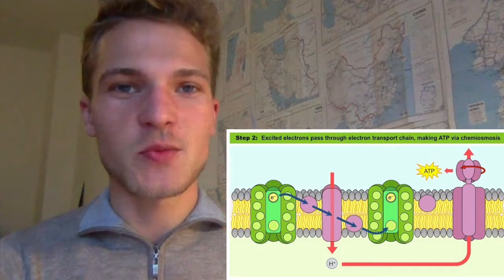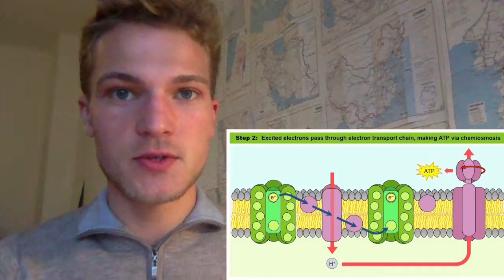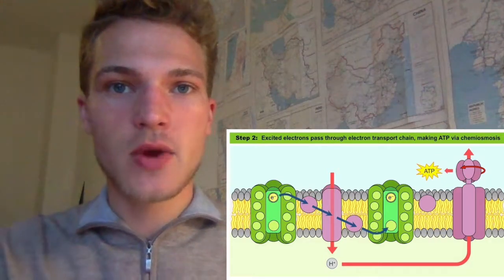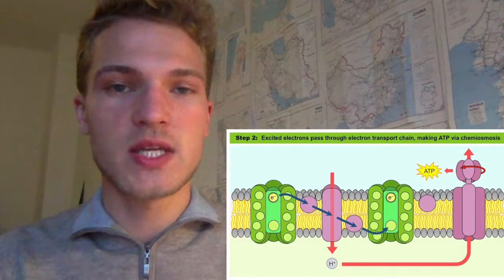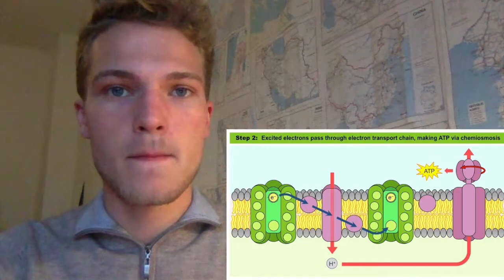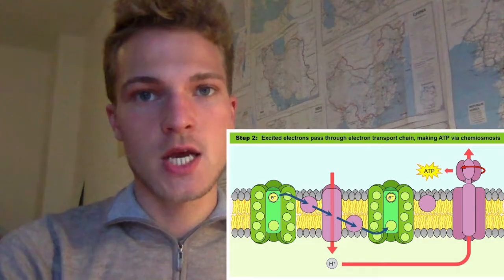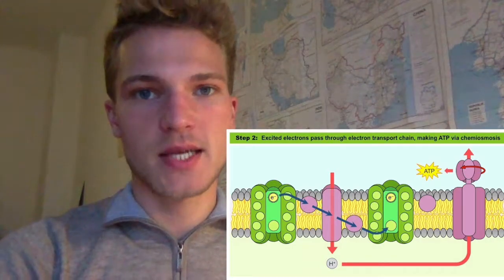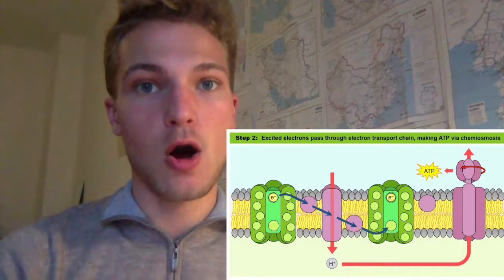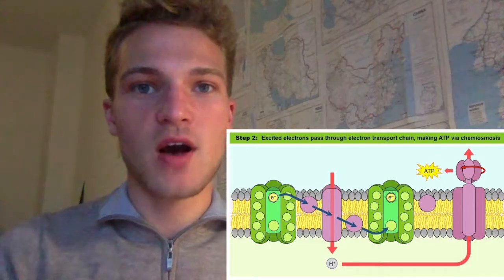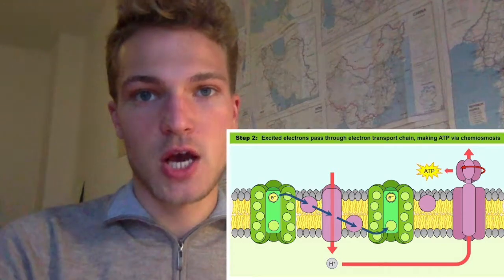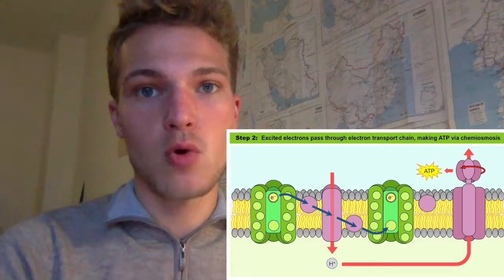What that means is we're taking H+ ions, so protons, hydrogen ions, and we're translocating them, that's active transport, so we need the energy from that high energy electron. We're transferring them in order to create a gradient so that we have more H+ ions inside of the thylakoid than in the stroma of the chloroplast.